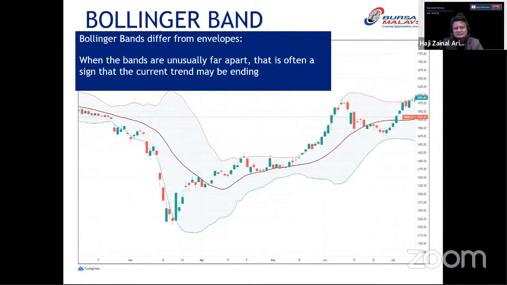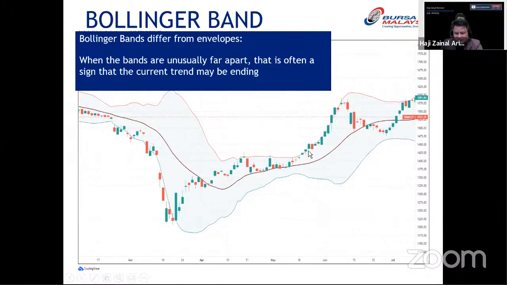For example, here, when the price comes down all the way, you can see a huge distance between the top level and the lower level. This is saying that the trend is going to end.